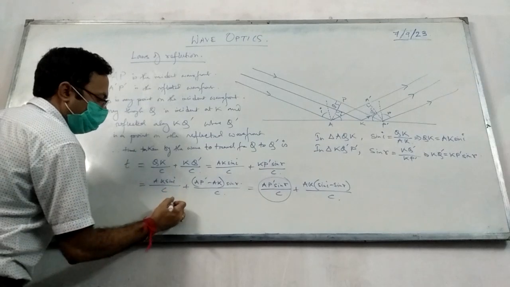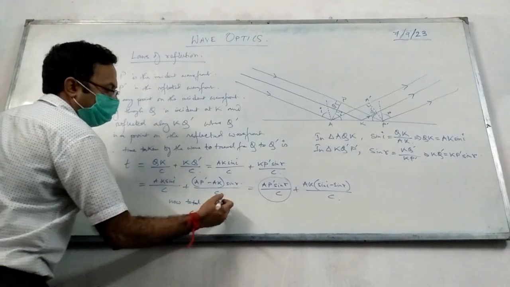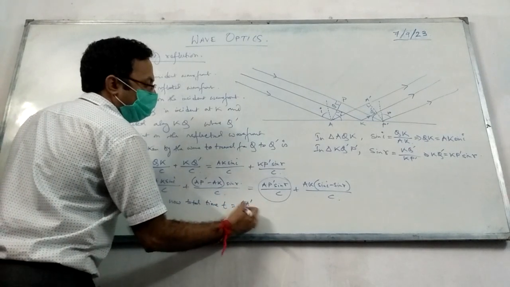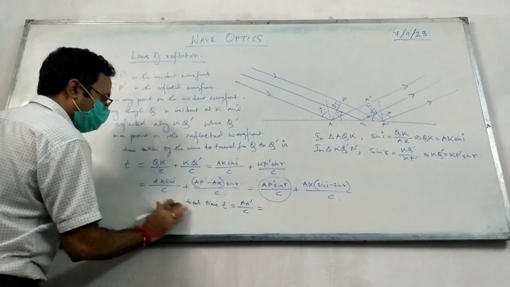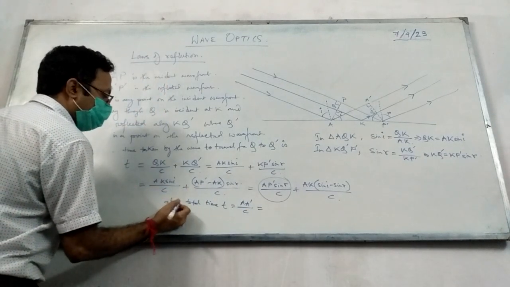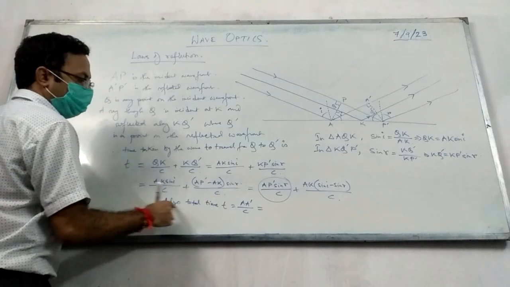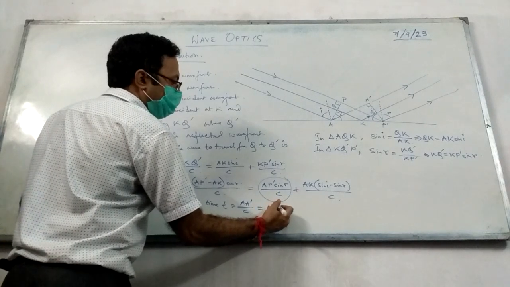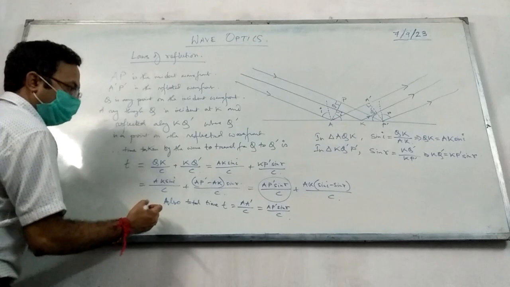Now total time t is equal to A dash by c. Also total time t is equal to A dash by c, which is AP dash sin r by c.